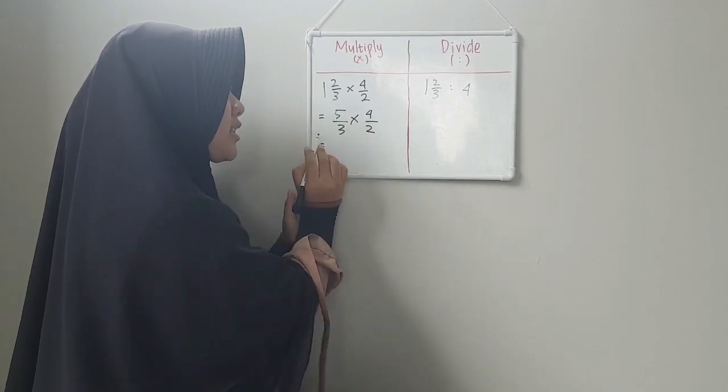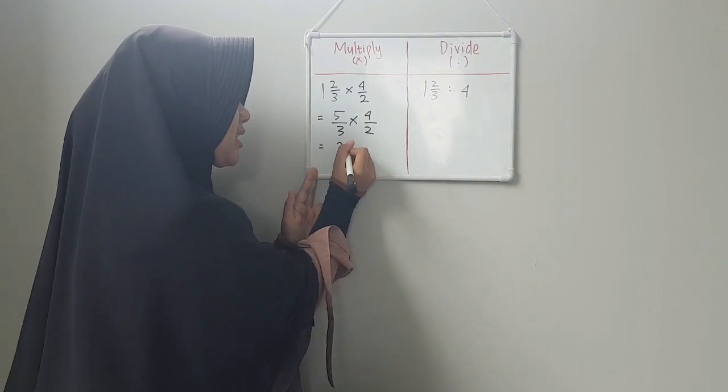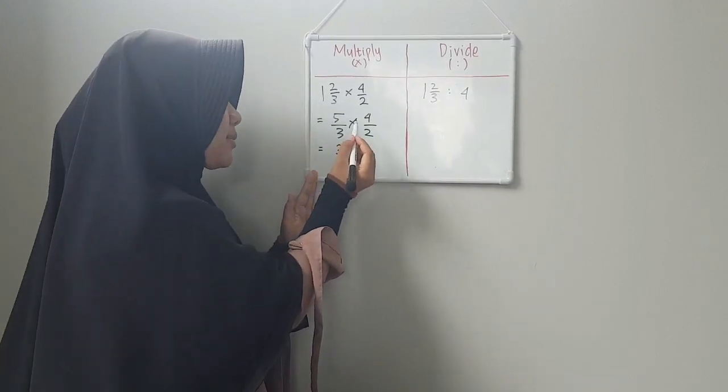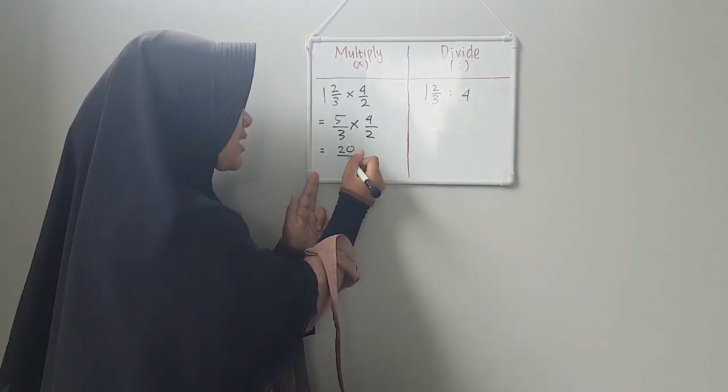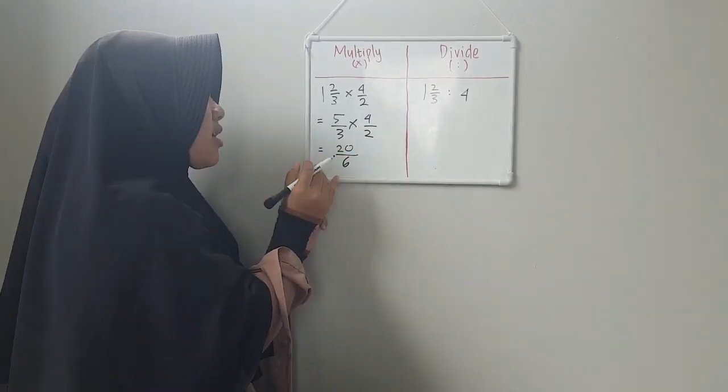From this, we will get 5 multiplied by 4 is 20 over 3 multiplied by 2 is 6, and this is the result.